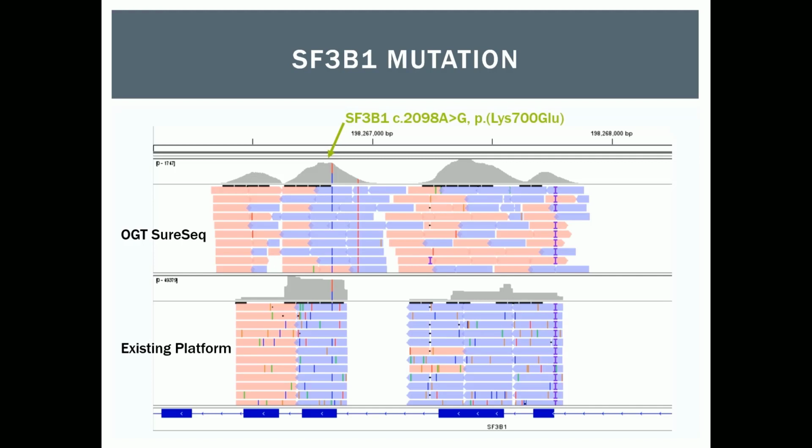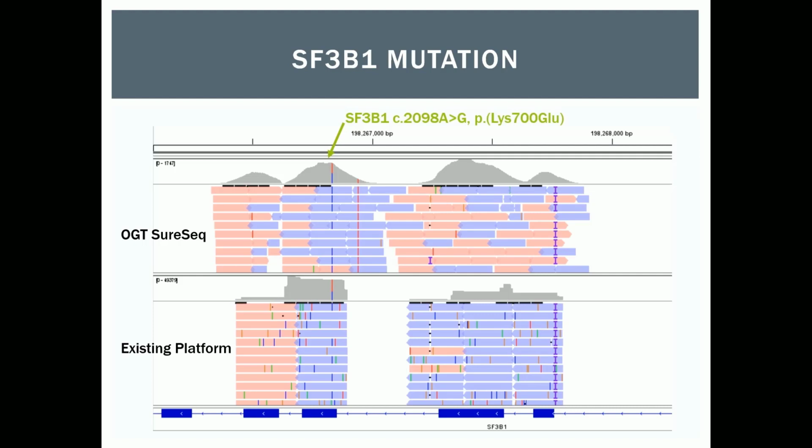Some of the individual sequence reads are shown by blue and red bars, with the detected variants indicated by colored hatches. Most of these variants that were detected are background noise, and the relevant point mutation is highlighted by the arrow. The gray curves at the top of each sequence are a graphical representation of the coverage across all of the targeted regions, at least the targeted regions that are showing in this window.